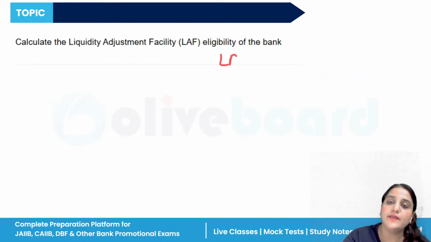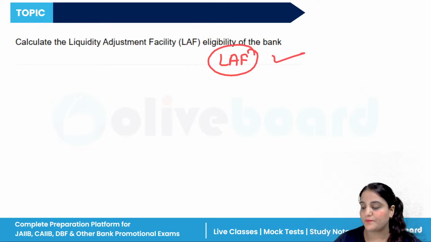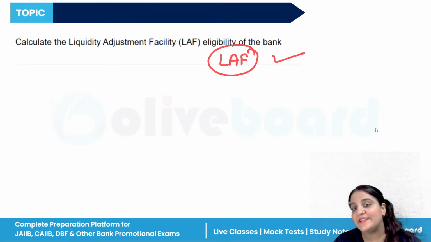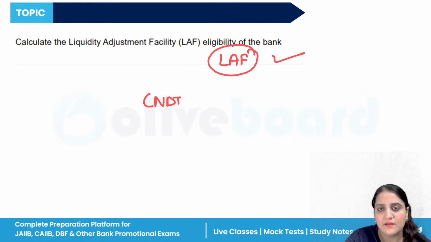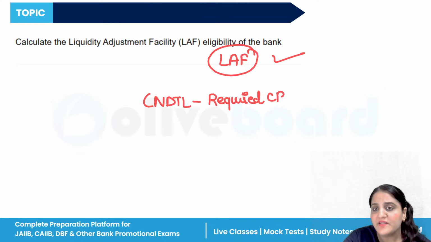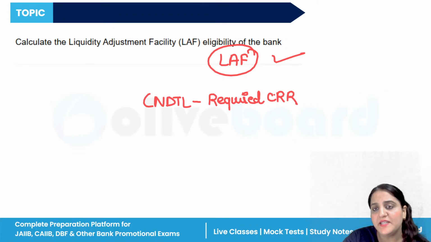Now how to calculate the LAF eligibility for the bank? LAF eligibility is calculated as a percentage of NDTL, where NDTL minus required CRR, and then multiplied by the bank rate.